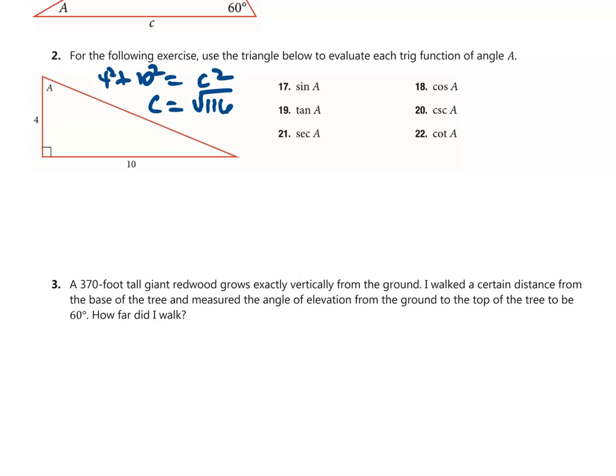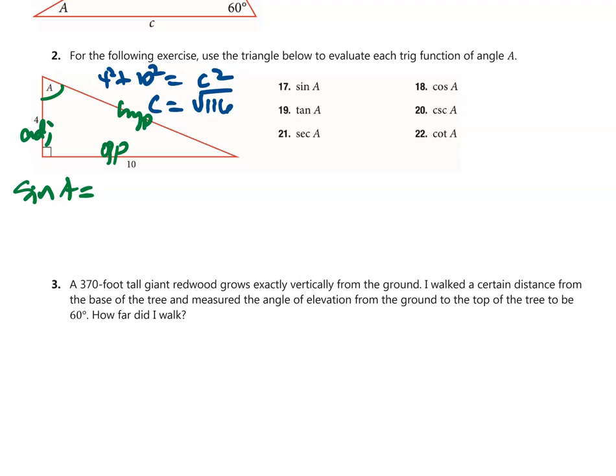Now let's complete all this, assign the 6 trig functions. Let's start with sine A. SOHCAHTOA, if this is your angle A, so this is the opposite side, adjacent, and this is the hypotenuse.